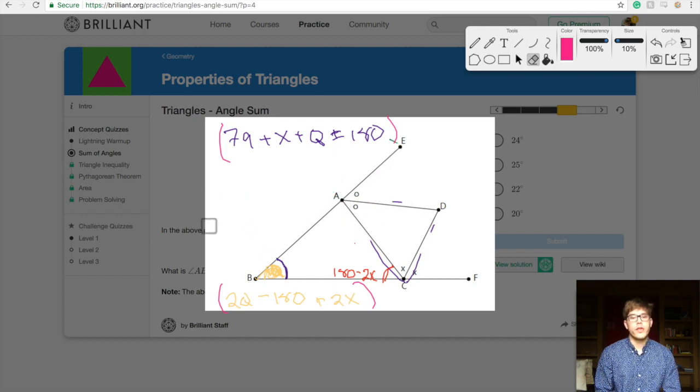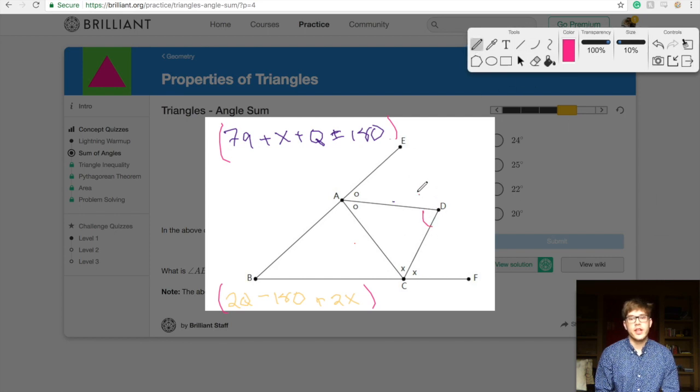Let's make room. So how are we going to solve this problem? And I hope you guys are beginning to see it. Again, this angle here is 79. So we can subtract 79 on both sides, and we're left with x plus q equals 180 minus 79, which is 101.